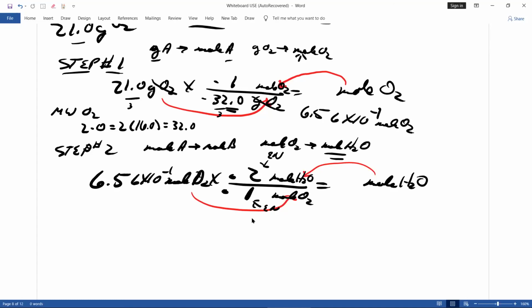And now I'll take the number I just calculated. Moles of oxygen divided by moles of oxygen cancel out. I'm going to multiply that number times 2 divided by 1, and my calculator gives me this answer, which I'm going to round off to 3 significant figures.